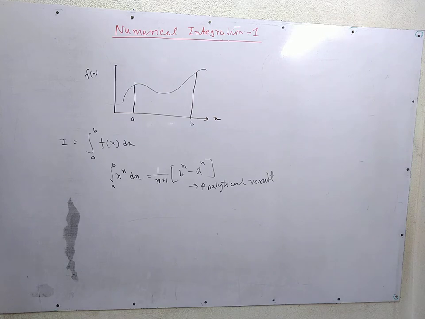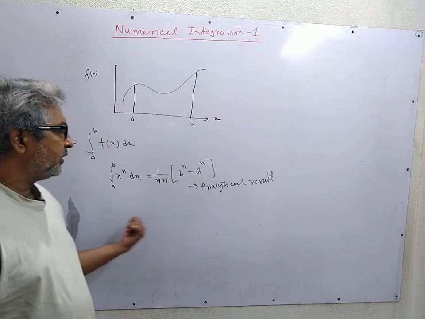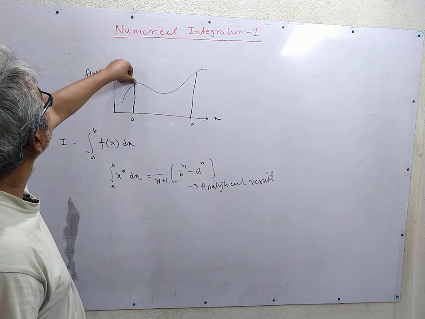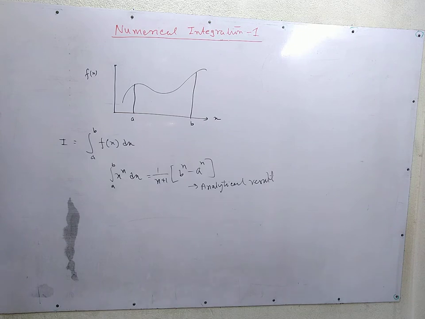But if the function under consideration is too complicated, although we know the form of the function, we cannot calculate it by analytical methods. Another type of problem arises when we do not exactly know the function, but we know its curve, or we may have a few discrete x and the corresponding y data.